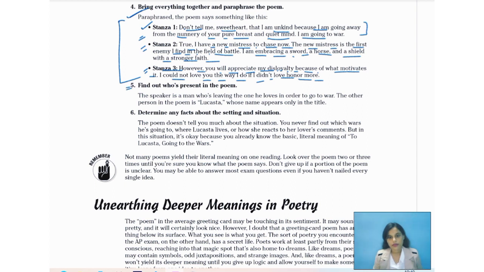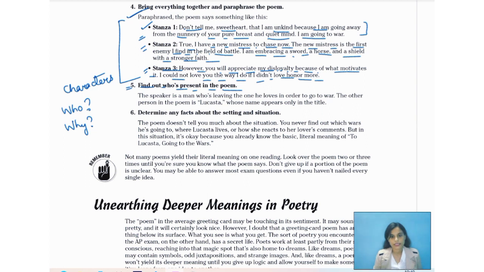Now, there are other rules also. Find out who's present in the poem. I forgot to mention it. Find out the characters properly. Ask these characters who they are, where they have come from, why they are doing so in the poem. Ask them in the sense that, in your mind, you try to communicate with the characters: why is this character over here?